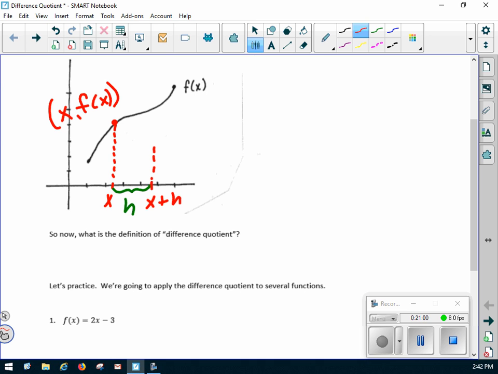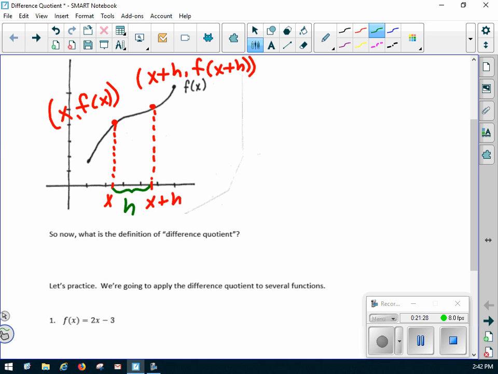So what are the coordinates of that point right there? x plus h, f of x plus h. Have I lost you yet? Almost.